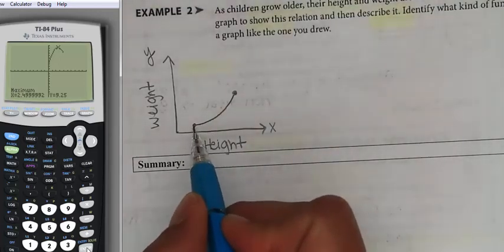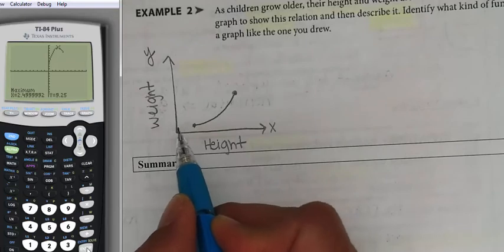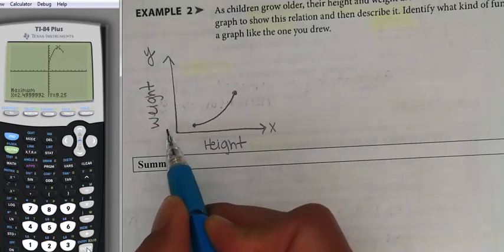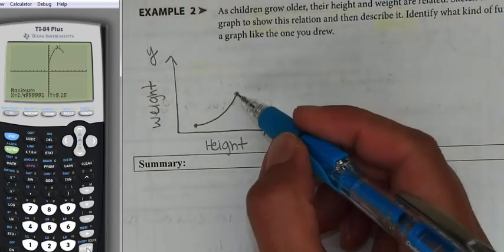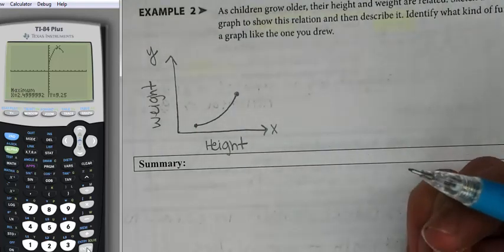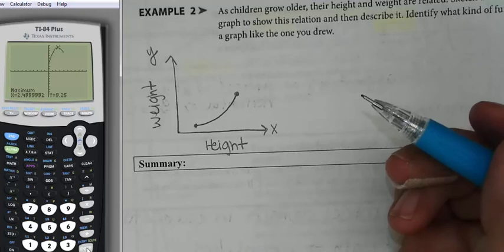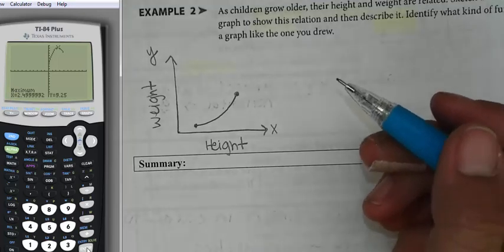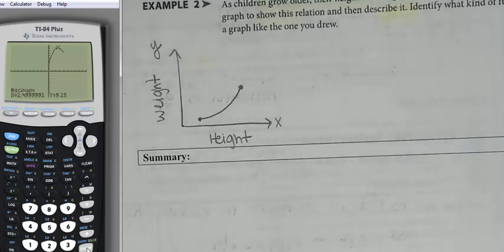When I'm born, I have a height and a weight that correspond to each other. So really extending this graph doesn't make any sense in this direction. And it also doesn't really make any sense in my adult direction because I don't keep growing taller. Actually, if this was going to be accurate, I think people start shrinking as they get older. But we won't even try to make it that complicated.